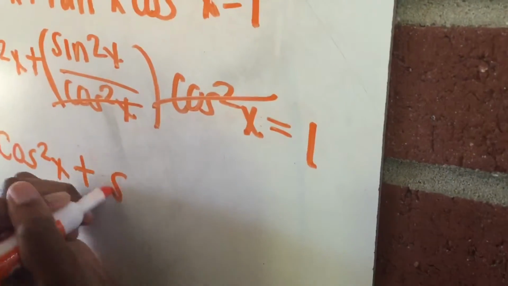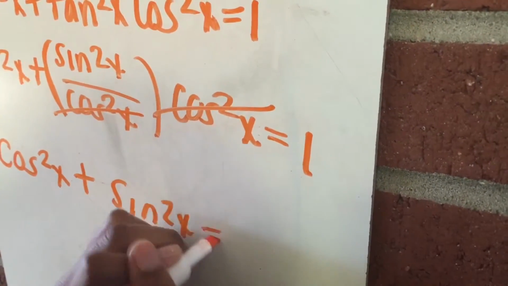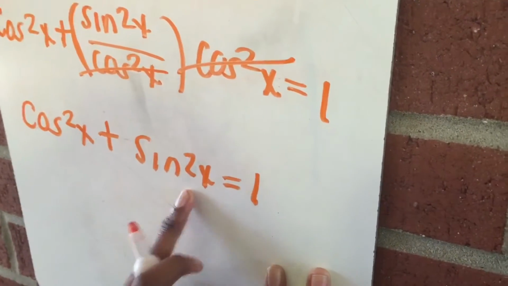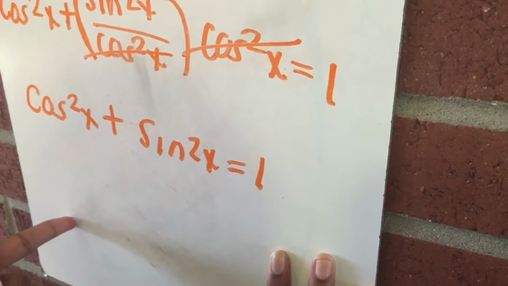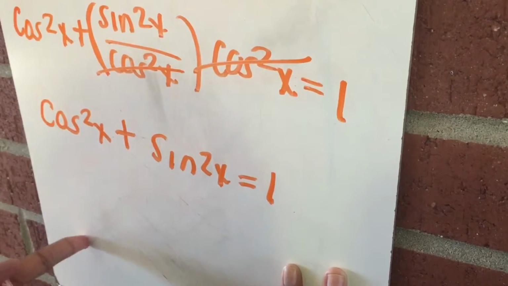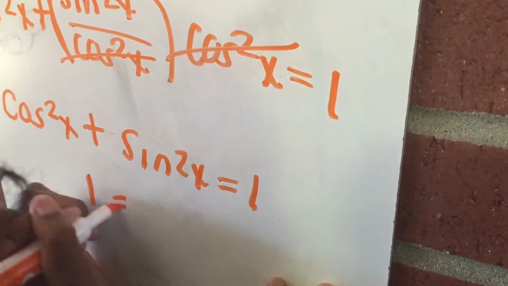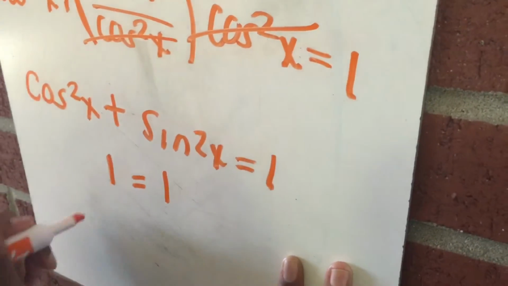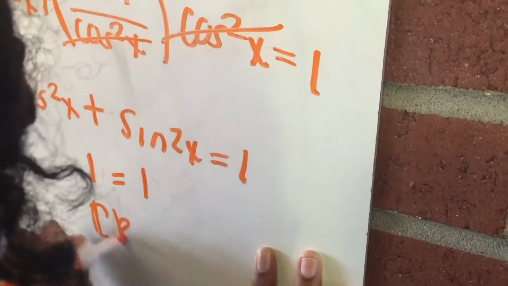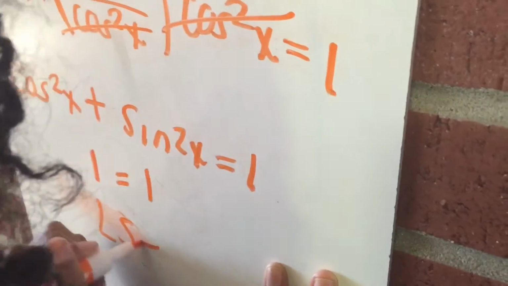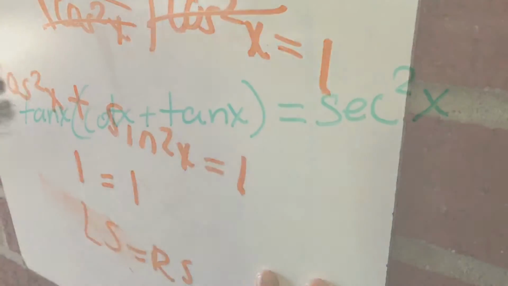Cosine squared x plus sine squared x is equal to 1. Now cosine squared x plus sine squared x is a Pythagorean identity, which is equal to 1. So 1 is equal to 1, and the left side is equal to the right side.